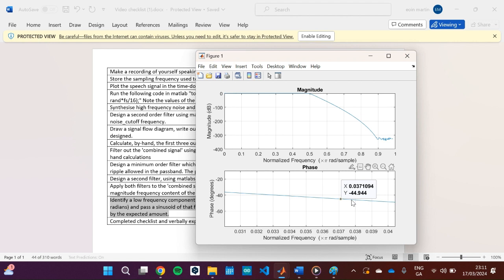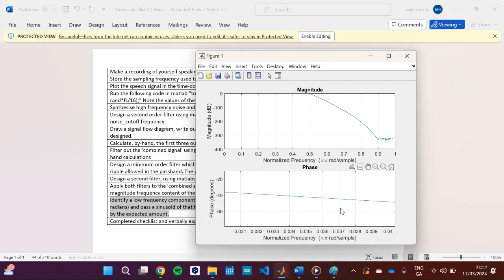So then the frequency at a phase shift of 45 degrees, the normalized frequency is 0.037. So I'll have to convert that into hertz. To do that, I'll multiply by the sampling frequency over 2. Not pi, sampling frequency over 2.